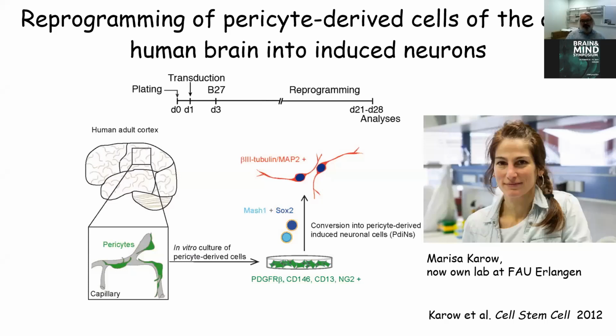We have been trying to analyze this in a slightly different system in molecular terms, and this was work that was spearheaded by Marisa Caro, who recently started her own lab at the University of Erlangen. She was working with cells in culture that have an expression profile very similar to pericytes.